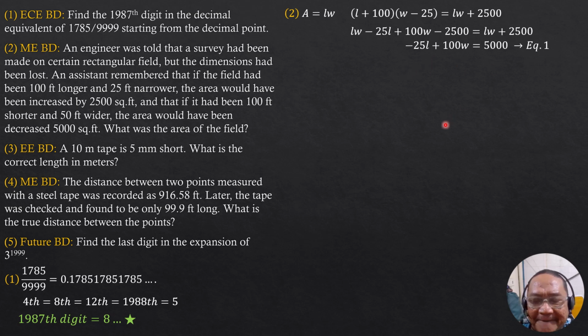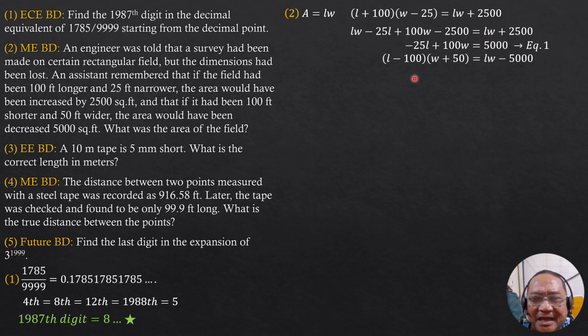Call that equation 1. For the second situation, if it had been 100 feet shorter, the dimension is L minus 100, and the width 50 feet wider, W plus 50, the area would have been decreased by 5,000 square feet. So that is quantity L minus 100 times W plus 50 equals LW minus 5,000.